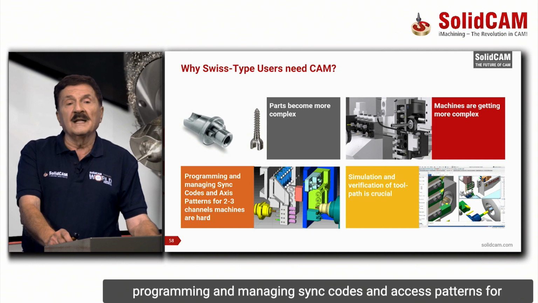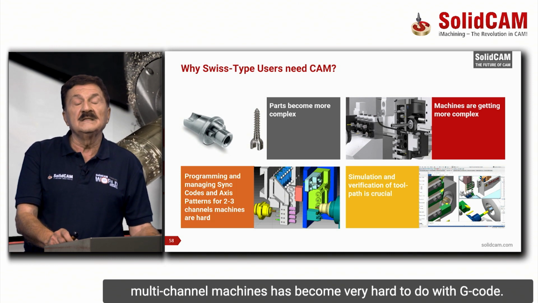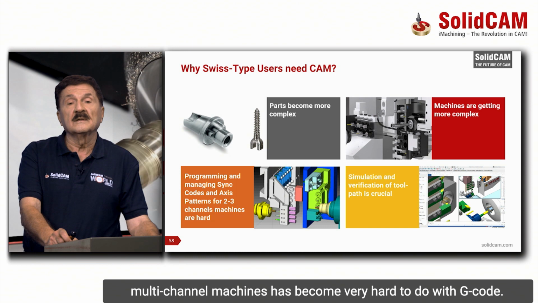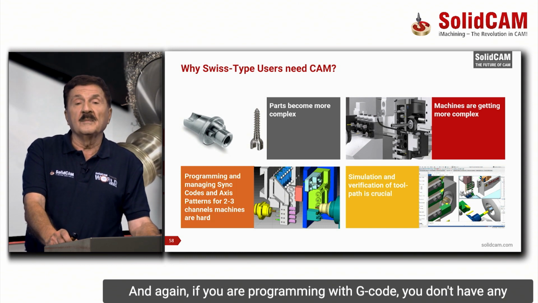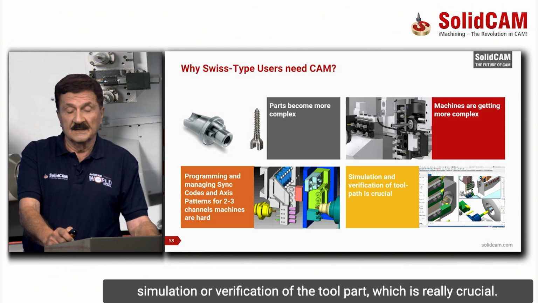So programming and managing sync codes and access patterns for multi-channel machines has become very hard to do with G-code. And again, if you are programming with G-code, you don't have any simulation or verification of the toolpath, which is really crucial.